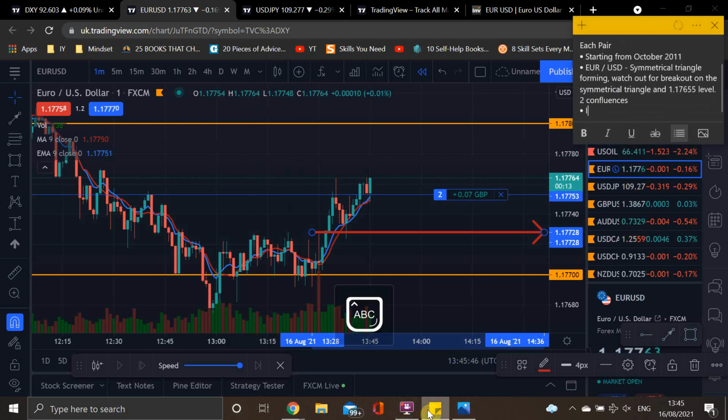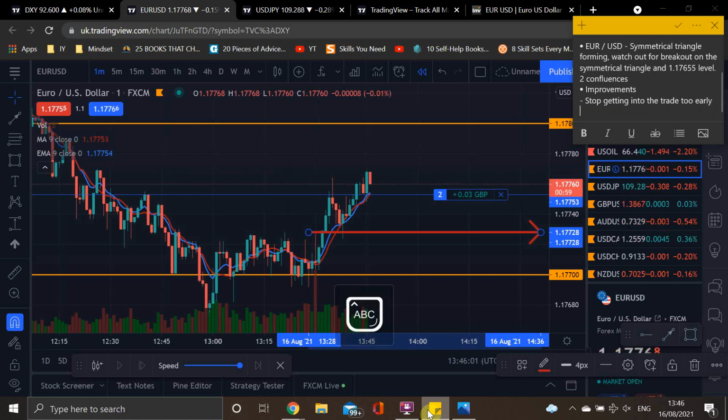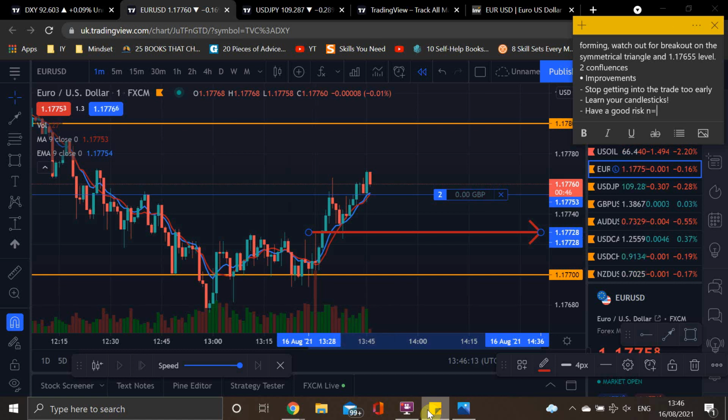So improvements, in my opinion: stop getting into the trade too early. Learn your candlesticks. Have a good risk management plan.